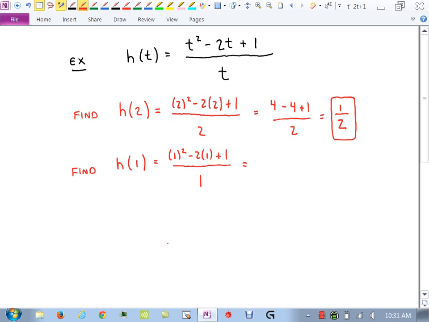What do you get on top? You should get 0 on top because it should turn out to be 1 minus 2 plus 1.